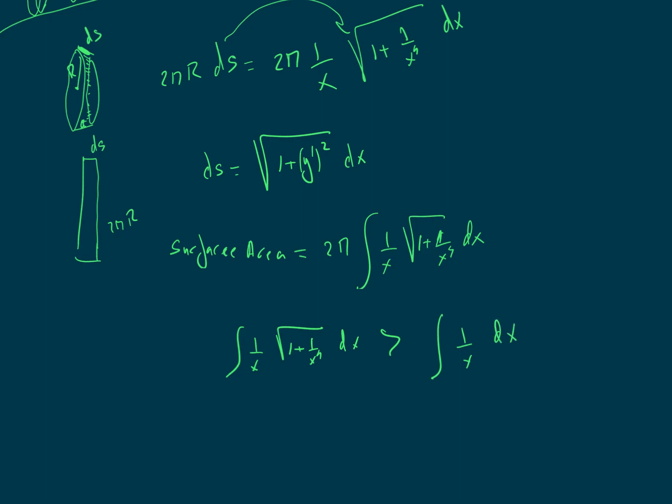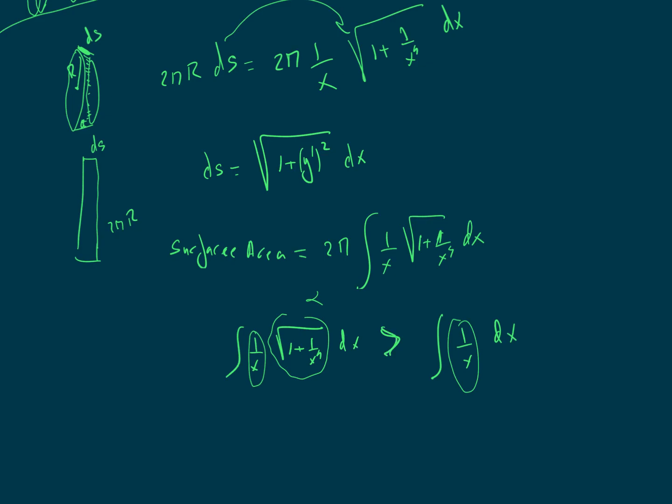Why is it bigger? Because this factor is here. The 1 divided by x is here. But this factor depends on x, but it's always bigger than 1.